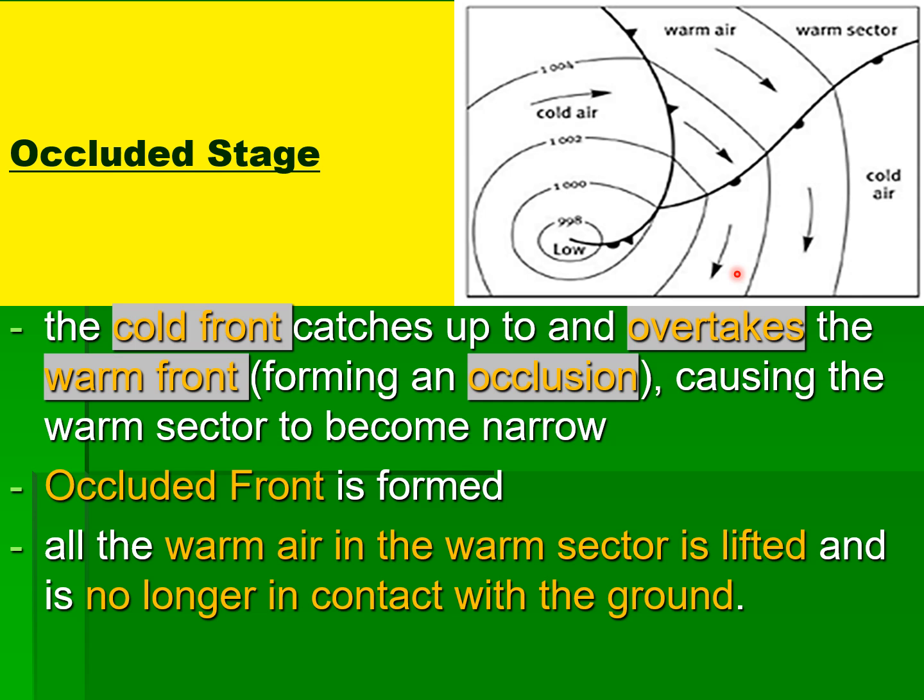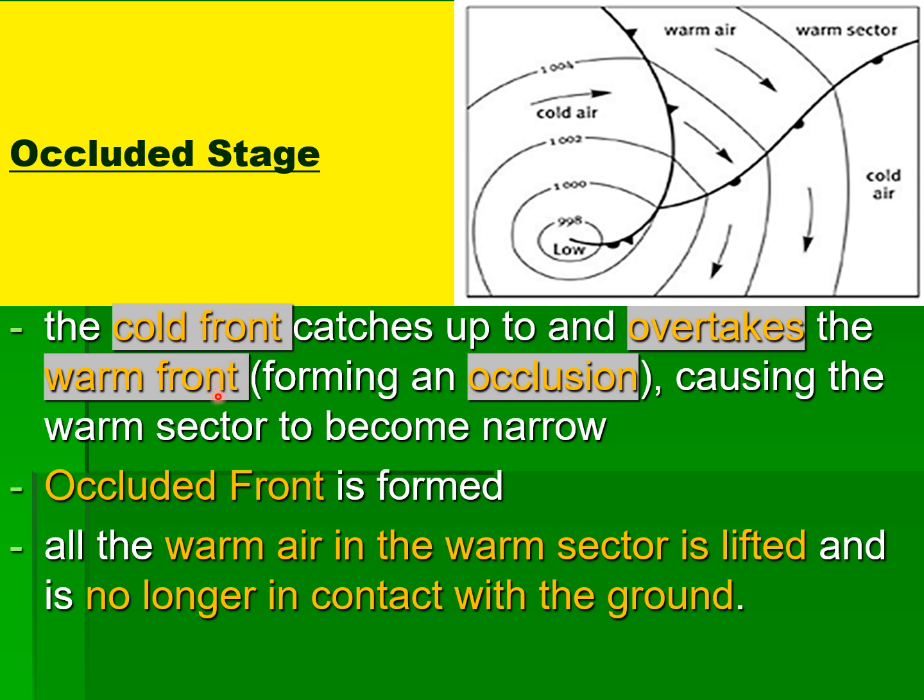At the Earth's surface, it technically means that there is no more warm air in contact with the Earth's surface, and that all the warm air has been squeezed higher up into the atmosphere, and at the Earth's surface, we only experience colder air. So an occlusion occurs when a cold front catches up to and starts overtaking a warm front.